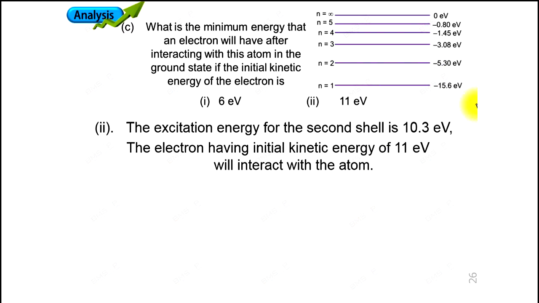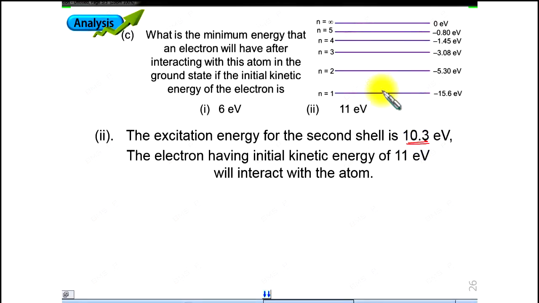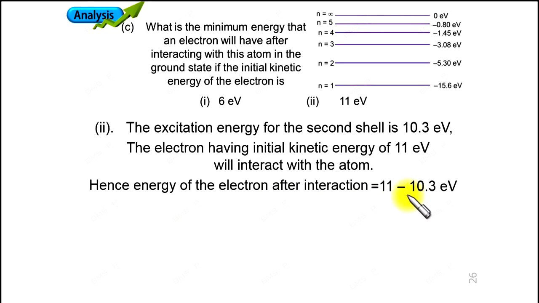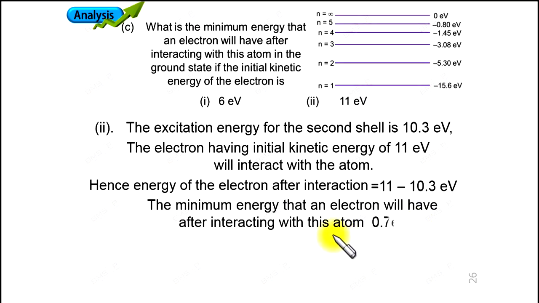This much energy, 10.3 electron volt, will be utilized for this transition, and the remaining part of the energy, 11 electron volt minus 10.3 electron volt, that is equal to 0.7 electron volt, will remain as the kinetic energy of the electron, right. So we can say the kinetic energy after interaction should be equal to 0.7 electron volt. Okay.